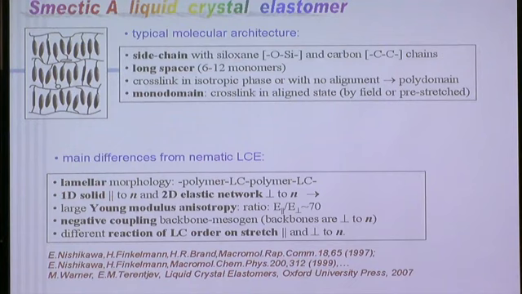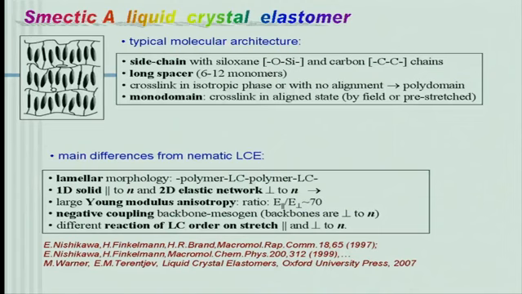We have a well-defined lamellar morphology with alternating layers of liquid crystalline groups and polymer matrix. So mechanically it behaves like a one-dimensional solid in this direction and as an elastic two-dimensional network in this direction. This is reflected in a high anisotropy of the Young modulus, around 70, and the reaction of the system is very different when stretching in one direction or the other.